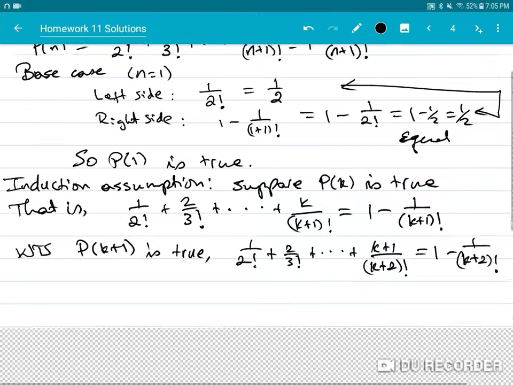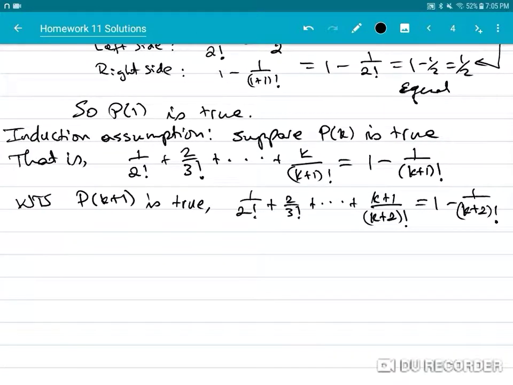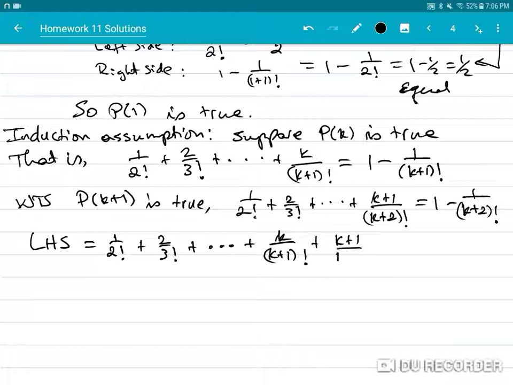So let's check the left-hand side. The left-hand side of this statement is 1 over 2 factorial plus 2 over 3 factorial plus 3 over 4 factorial plus ... plus k over k plus 1 factorial plus k plus 1 over k plus 2 factorial. Yes, because that's the one before it. Now, this is the left-hand side of P of k.